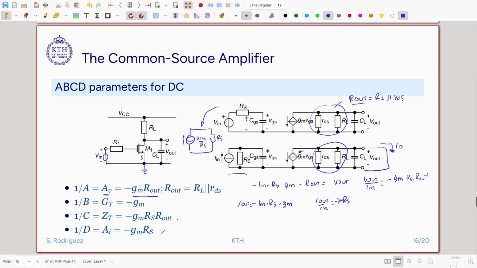So that is what we have here. Those are the gains, and remember that these gains are the inverse, one over the ABCD parameters. So we have characterized our transistor for the ABCD parameters for a common source transistor for low frequencies.